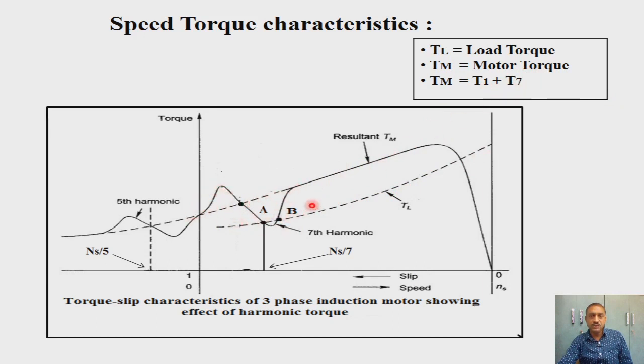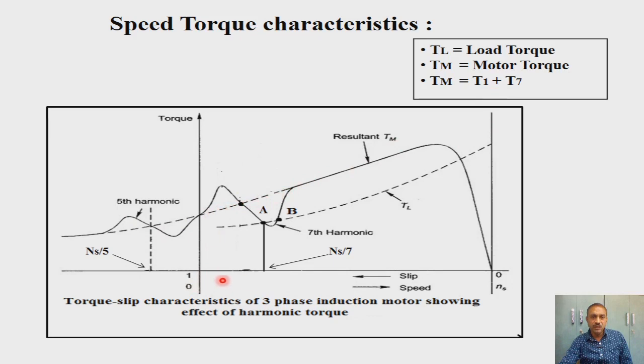Out of these torques, there is one more, the fifth harmonic torque. As the fifth harmonic torque acts in the opposite direction of the fundamental torque, it is not considered for our crawling. Then how the fundamental and seventh harmonic torques act on each other and produce the resultant motor torque is shown from here.